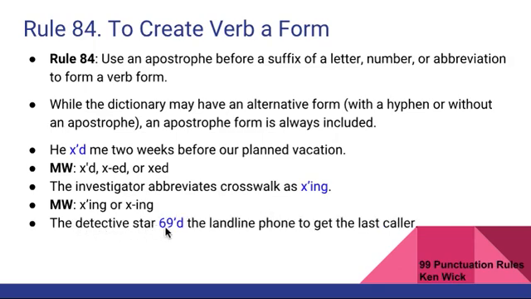The detective *69'd the landline phone to get the last caller. So here we're making a verb out of this number, so we add this apostrophe. Maybe the detective could say the detective is *69'ing. And we'd say 69 apostrophe ing to do that verb form.